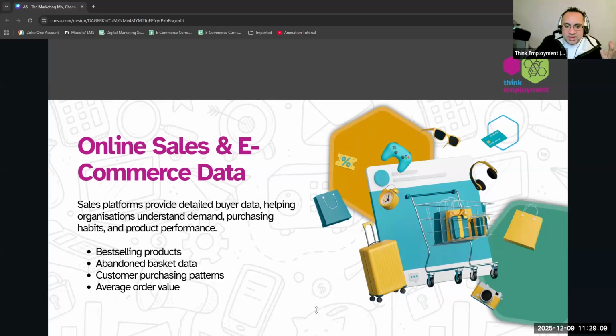You'll get the best-selling products and the abandoned basket data, so somebody's put something in their basket but abandoned it and didn't purchase it in the end. Customer purchasing patterns: when are they buying, what are they buying, and how much are they spending? Things like average order value. All of that information comes from your sales on an e-commerce site.